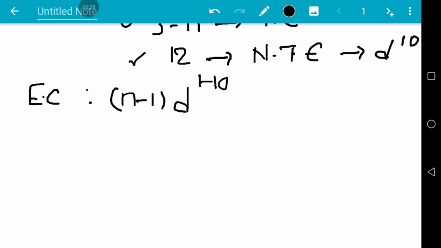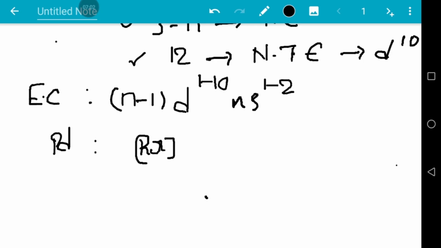But here only palladium has a different configuration. That is krypton, the 36 element, then 4d10 and 5s0, meaning it has only s0 electrons.